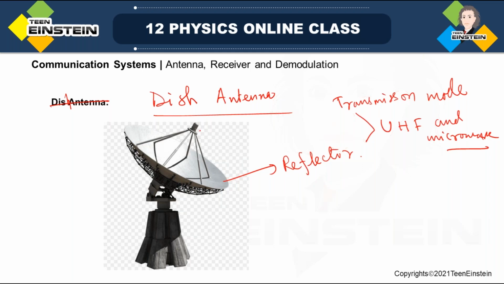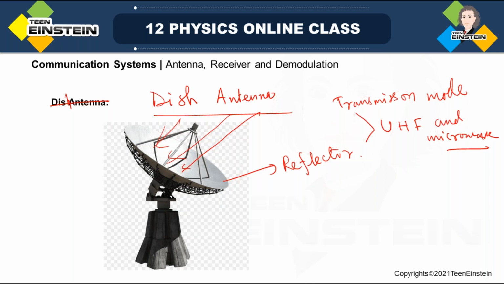Look at what happens. This antenna collects electromagnetic waves like this, then they will be focused and converted into an electrical signal.